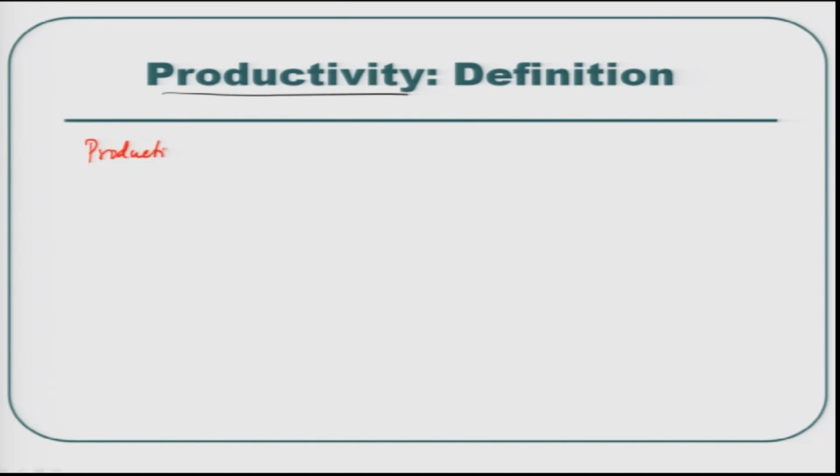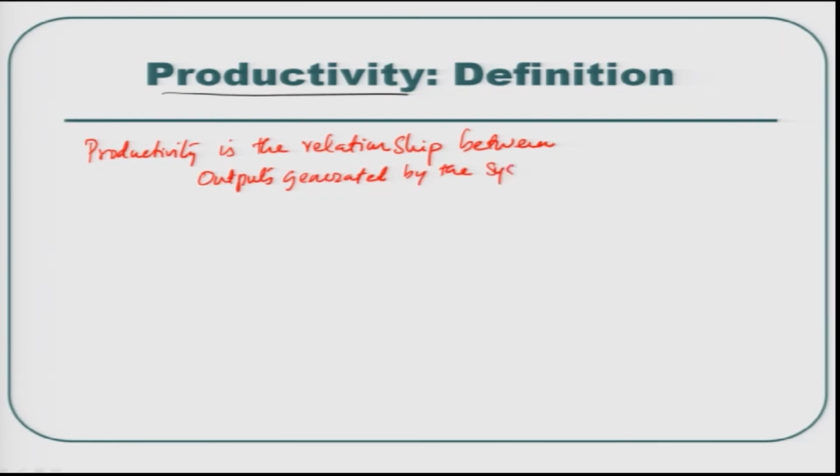Productivity is the relationship between outputs generated by the system and inputs that are used to create the output.